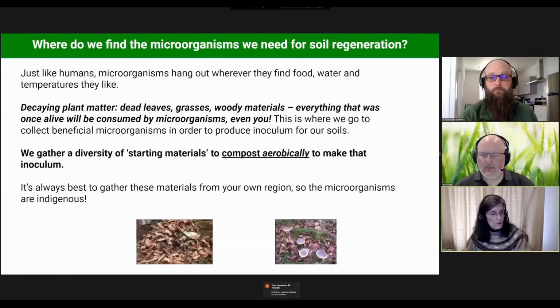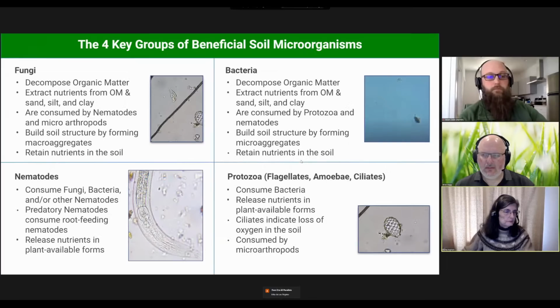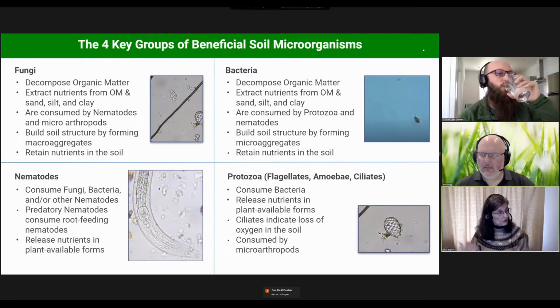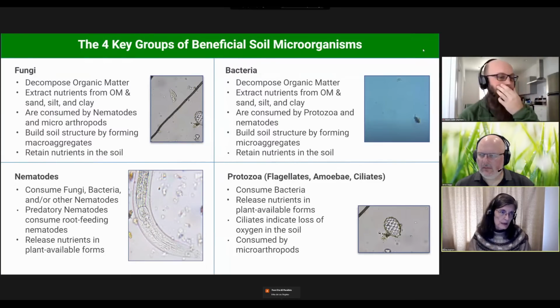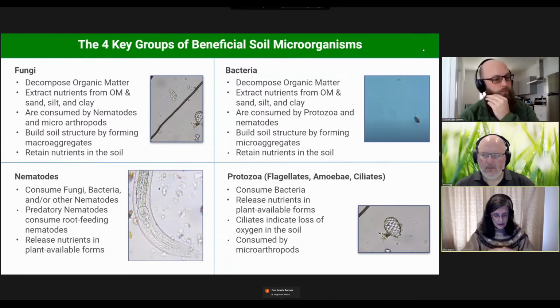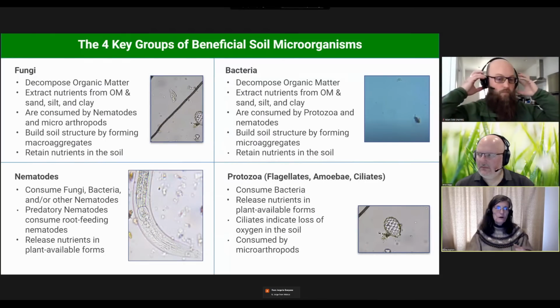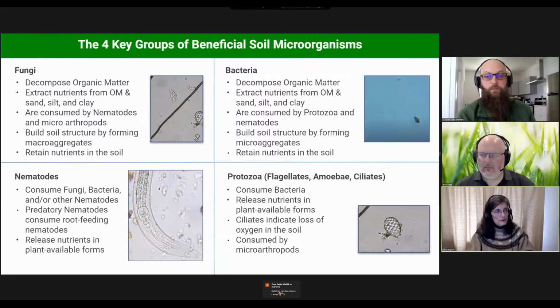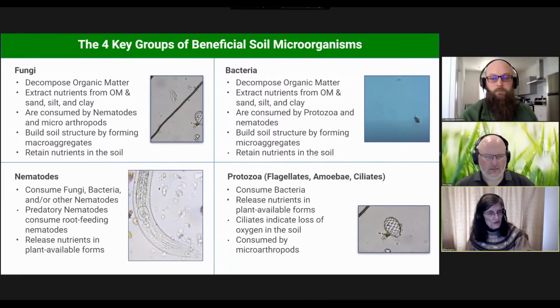Okay, so next slide, please. These are the 4 key groups of the soil food web that we want to make certain that we have in your soils, in the compost that you're going to make. And so we are putting these organisms into the compost to make certain that we've got the massive diversity that we need to have in every gram of soil, every quarter teaspoon of soil in your compost pile.